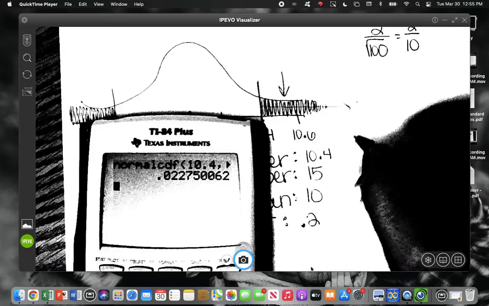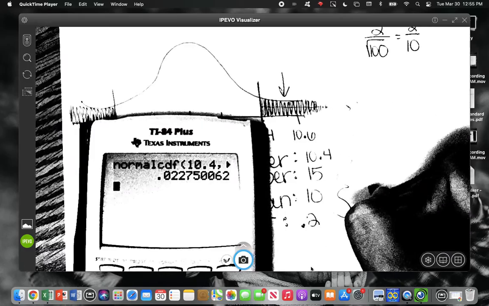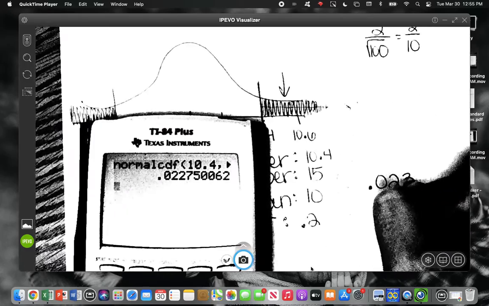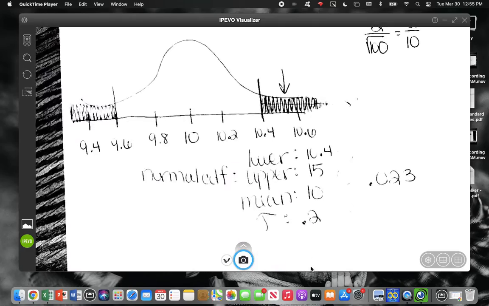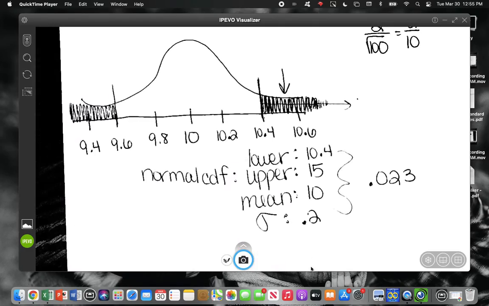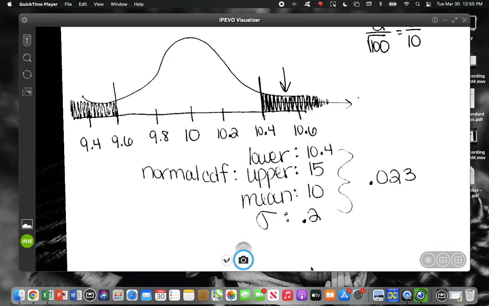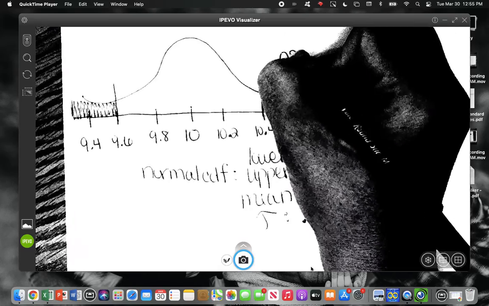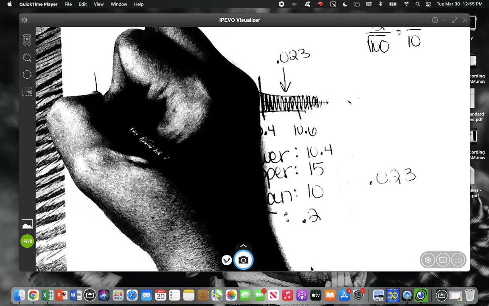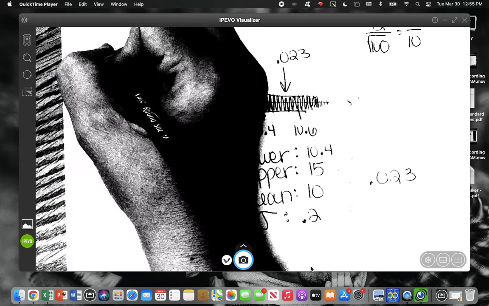All right, so this information right here, are you guys getting somewhere around 0.023? Something in that. All right, so if this is 0.023, we can also assume that this is 0.023.